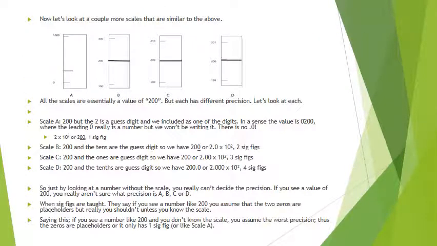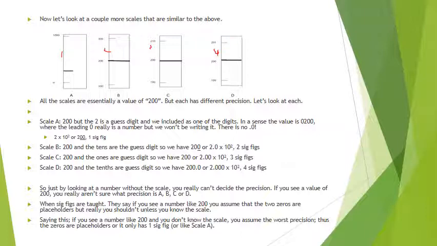Now let's look at a couple other measurements that are similar to the above in terms of the numbers. So let's say I have 1, 2, 3, 4 scales, and I'm measuring the same thing, whatever it is, okay?